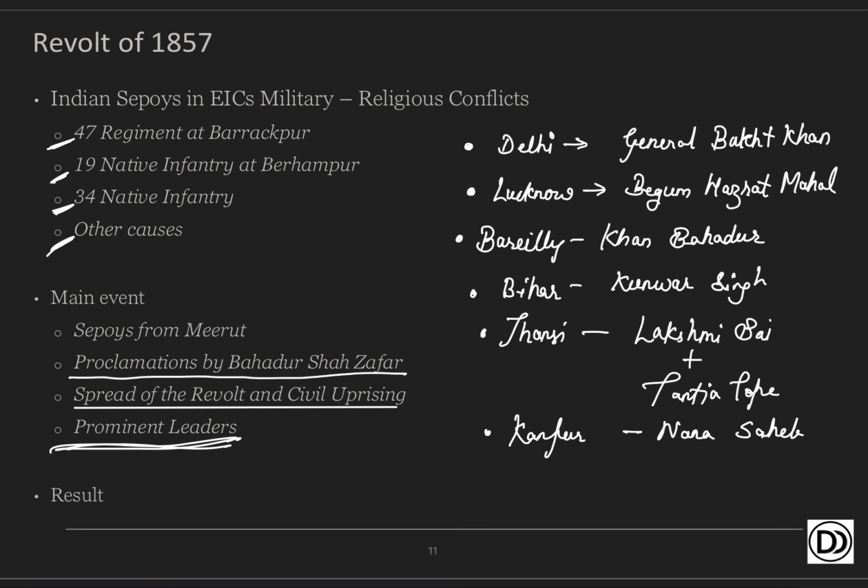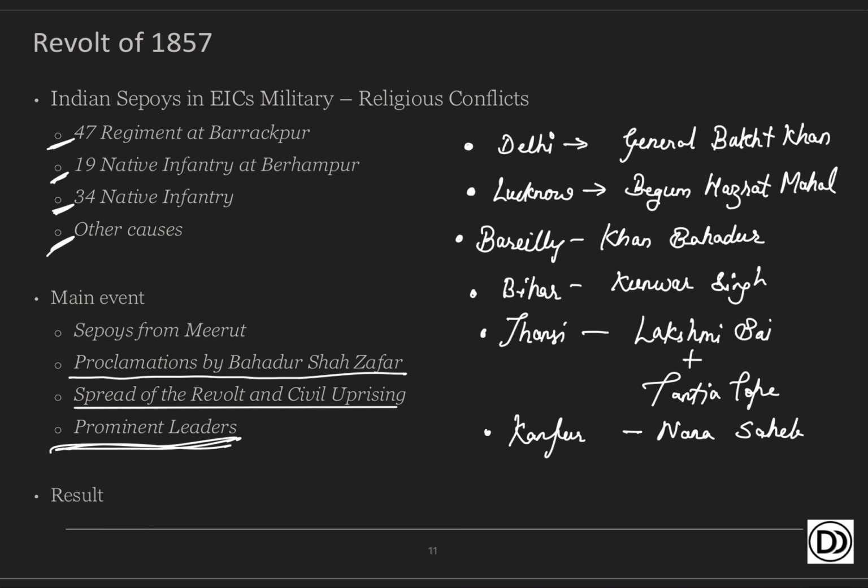You might have heard the names of most of these, but there were many who didn't help, and in fact they helped the British, like the Sindhyas. The Sindhya didn't become part of the revolt. They helped the British. Similarly, most of the rulers, money lenders, big zamindars.